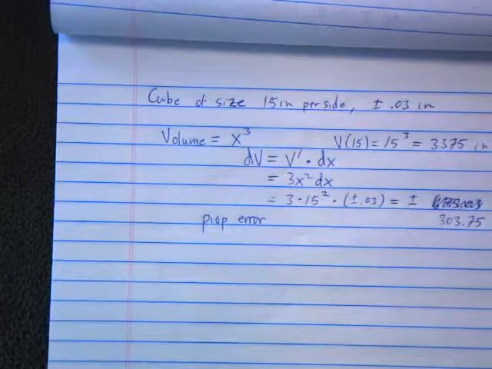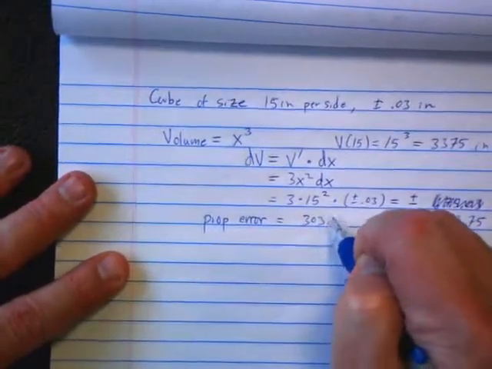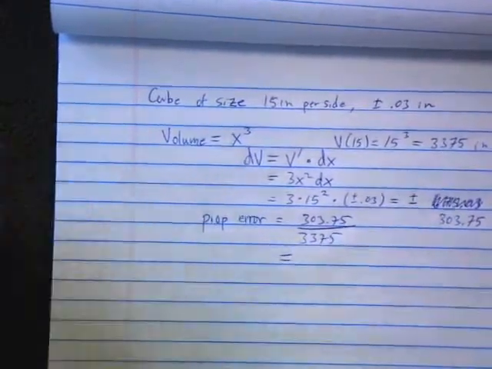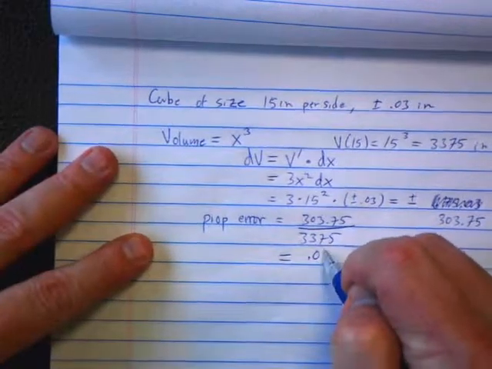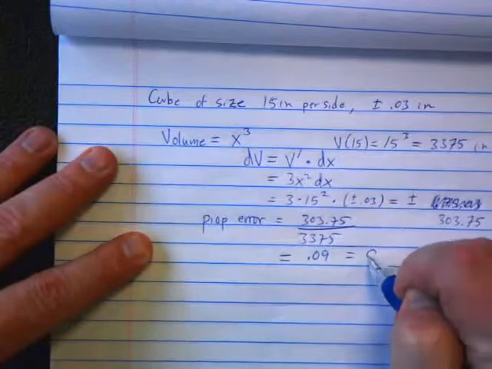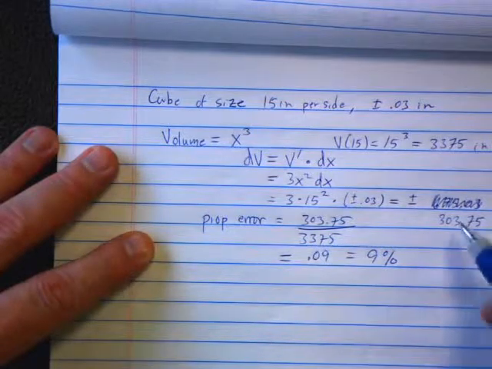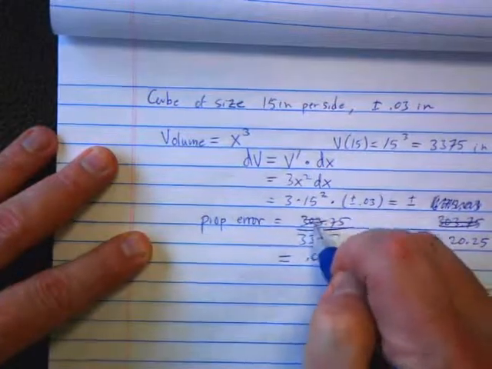Okay, so our propagated error would be 303.75 divided by 3375. The number should be plus or minus 20.25. The moral of the story is don't forget to bring your own calculator.